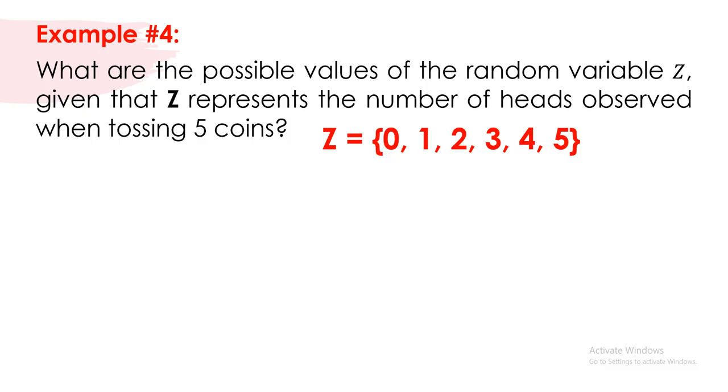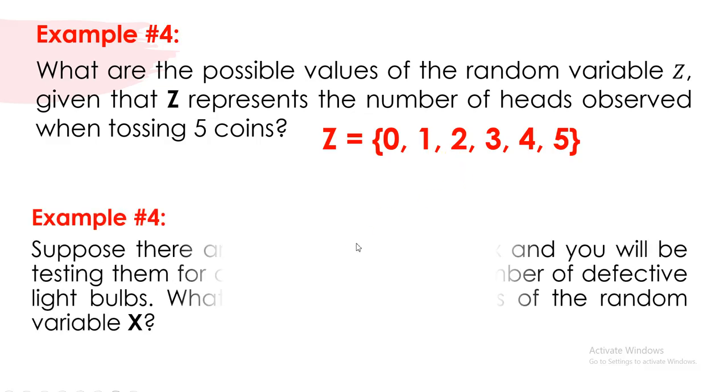The values of the random variable z represent the number of heads, so it can be none, that is 0, 1, 2, 3, 4, and 5. As you can see, the pattern is here. If you are going to get the values of the random variable, there is always a possibility of 0, no head. There's always a possibility of 1 up to the maximum, which is 5. Why is 5 the maximum number of heads we can get? Because we have 5 coins.